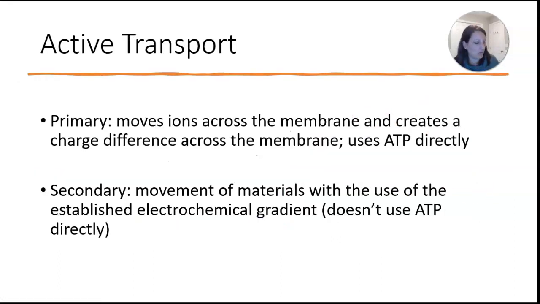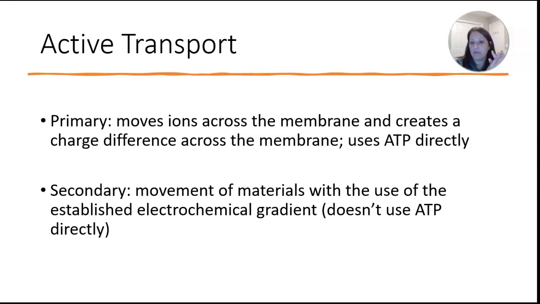Okay, so what we've talked about so far is primary active transport, and I'll show you this again on the next slide. So in primary active transport, we're moving substances, ions or particles, across the membrane from low to high, against the concentration gradient.